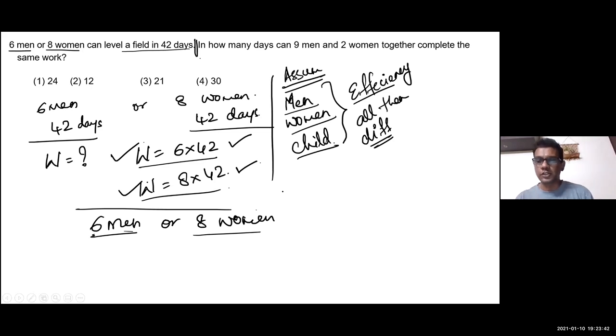So I'll give you a situation. Let's say these 6 men are working, and suddenly one day they stop working, they go off. Now you have only women in your hand. Listen carefully. These 6 men were working. On one particular day, they stopped working and they left. Now you have only women in your hand.